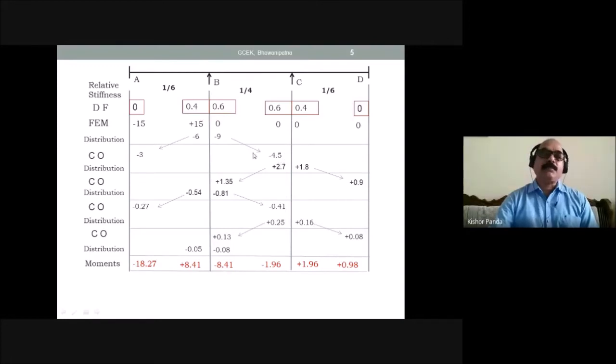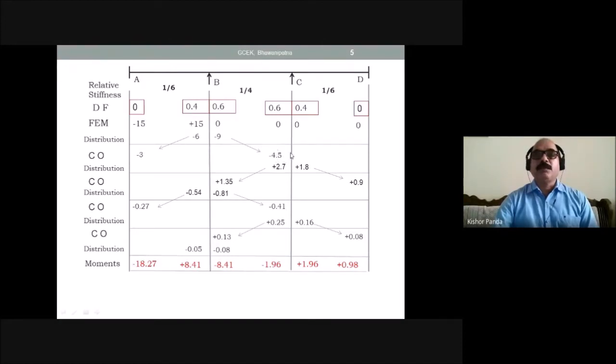So once again, after the carryover, you have to go for the distribution of the moment, or balancing the moment. So here you see minus 3 into 0, 0 here. Then here you see minus 4.5, and this side there is no moment. So what is the net moment at C? Minus 4.5.